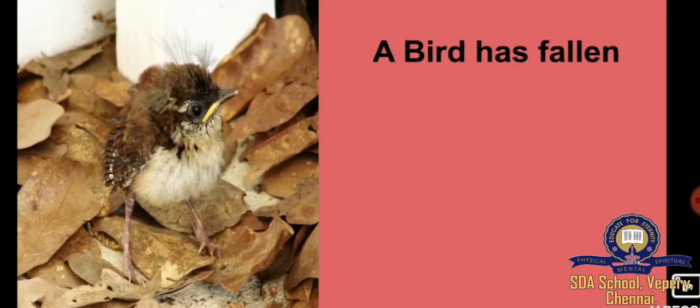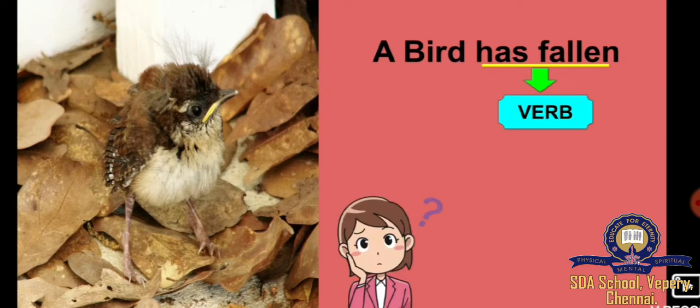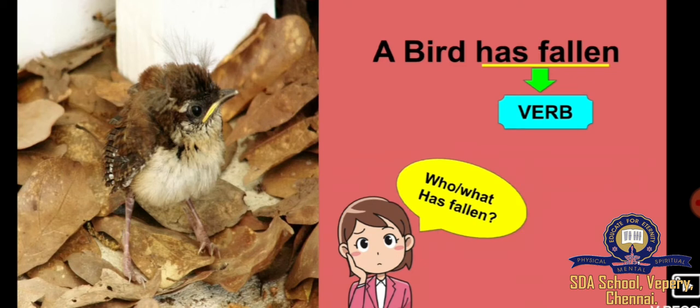And the next example, a bird has fallen. Children, here what is the verb in the sentence? Yes, has fallen is the verb. So now, if I ask who or what has fallen, children, what do I get as my answer?